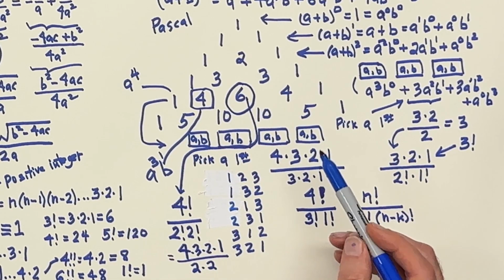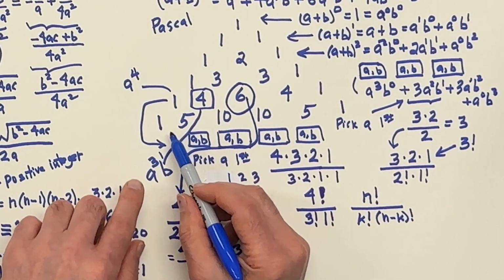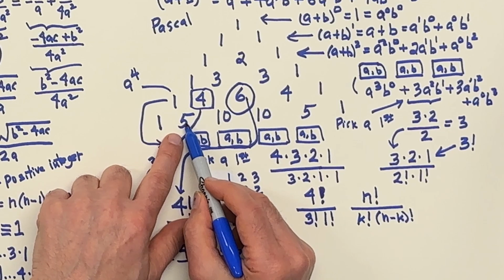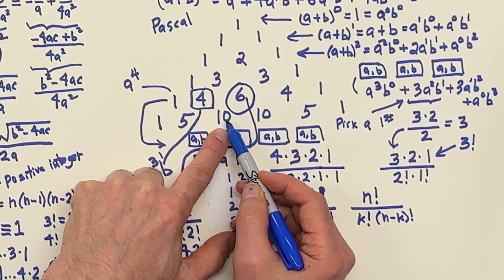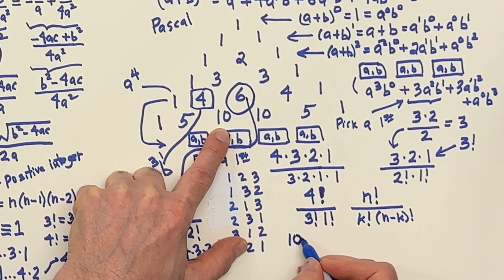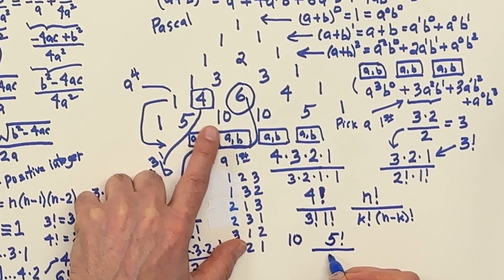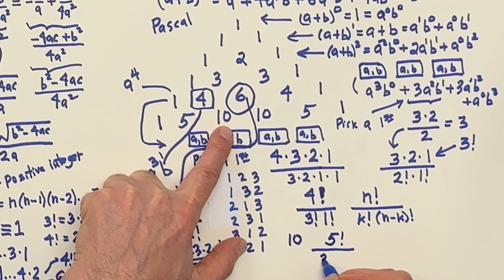Well, let's check out one from the 5. So here's 5 apples, 4 apples, 3 apples. All right, 3 apples, 2 bananas. So let's check this out. We have 5 pieces of fruit, and we have 3 apples.